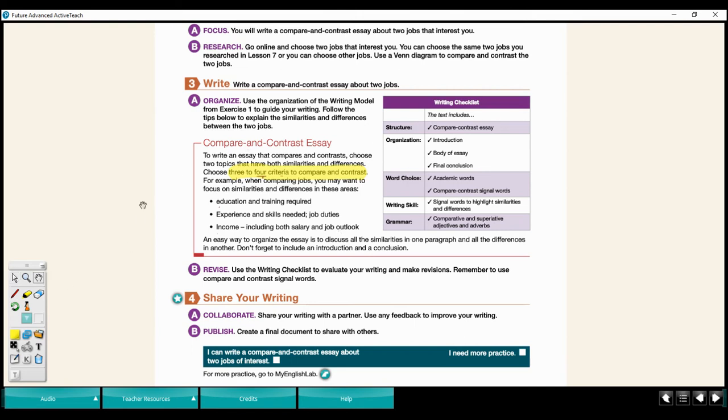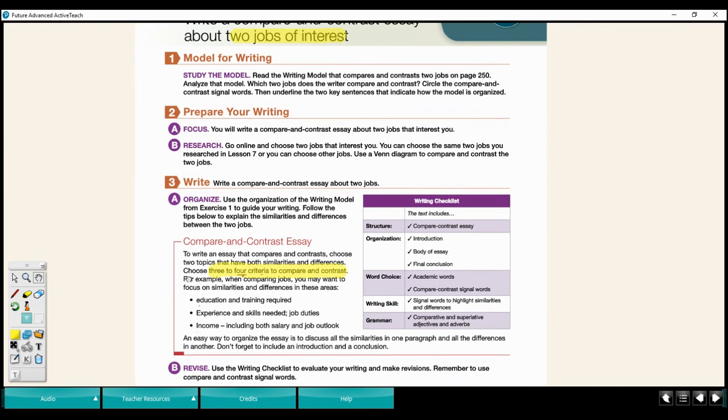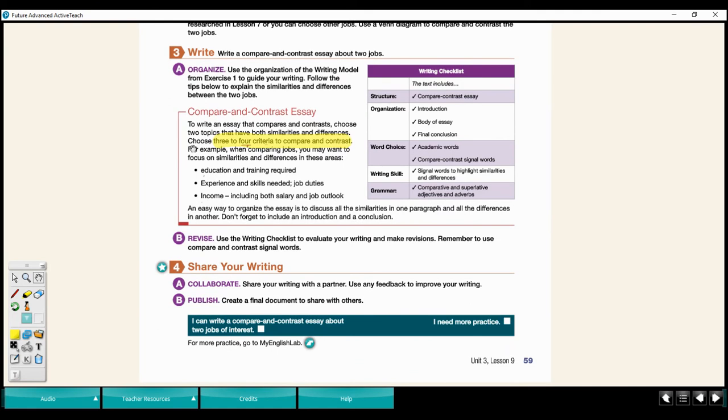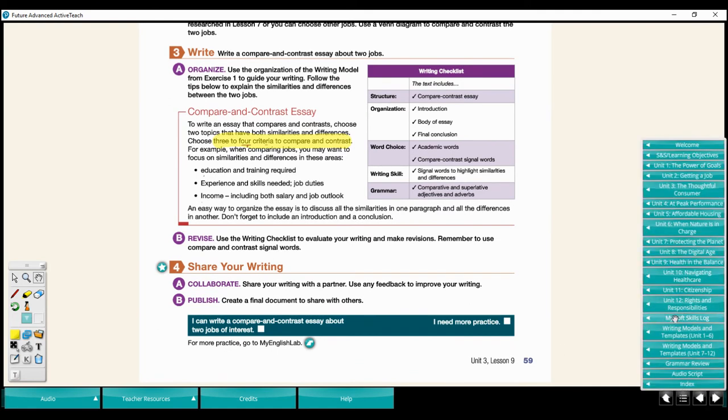And then we looked at a model essay on page 250 in our textbook. So if you want to jump to page 250, you can look at the model essay with me for a moment.